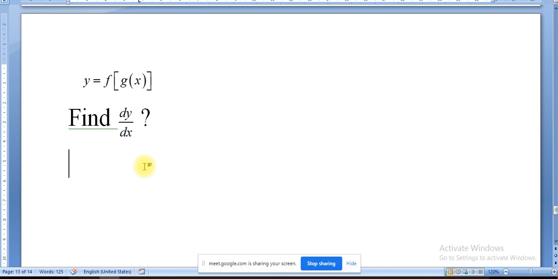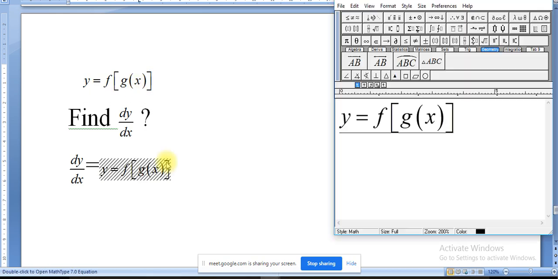This is just for our understanding. So to find dy by dx, it is equal to the derivative of the outer function, which is given by f dash. We will write it as f dash of g of x, g of x being the inner function.